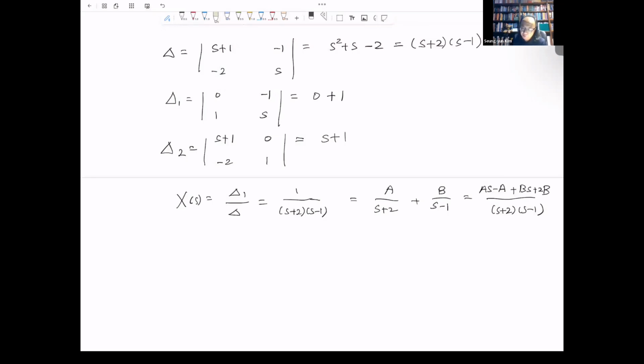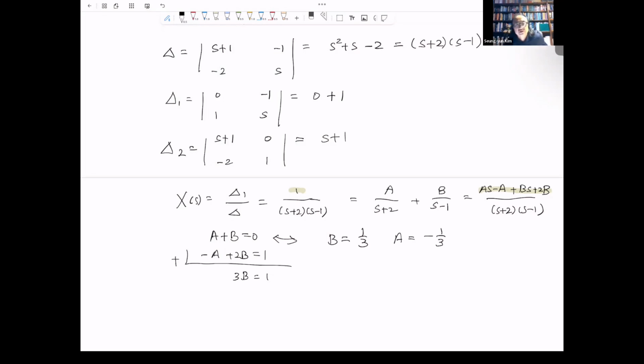So this numerator, As minus A plus Bs plus 2B, should be equal to 1. Therefore, for the s terms, A plus B is going to be 0. Constant term, negative A plus 2B equals 1. If we add, we have 3B equals 1. That means B equals 1 over 3. Then A has to be negative 1 over 3 because A and B add to 0.